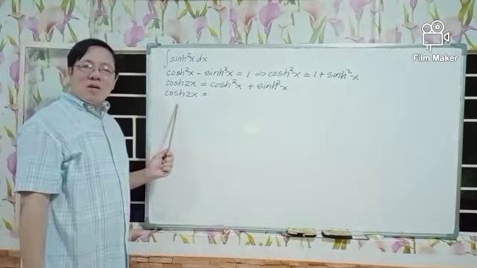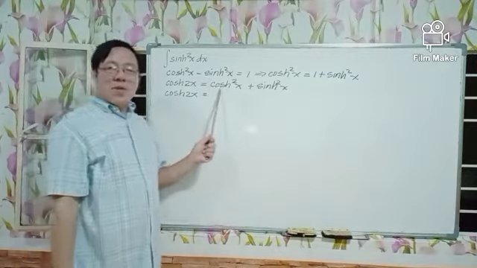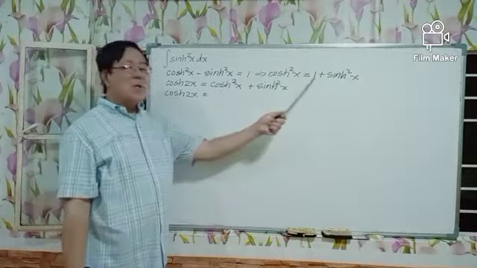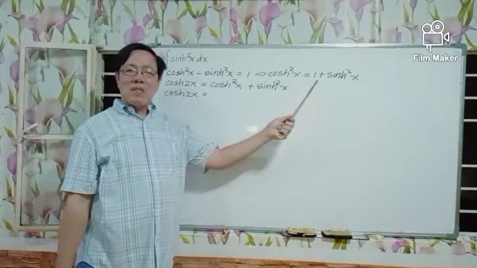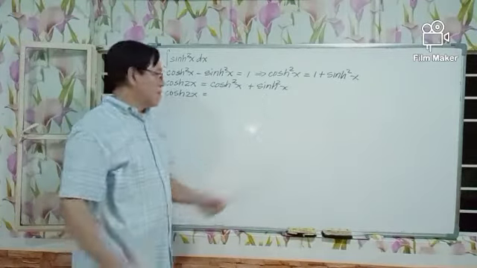The hyperbolic cosine now of twice an angle, or 2x, is equal to the square of hyperbolic cosine of x, which is 1 plus the square of hyperbolic sine of x, plus the square of hyperbolic sine of x.